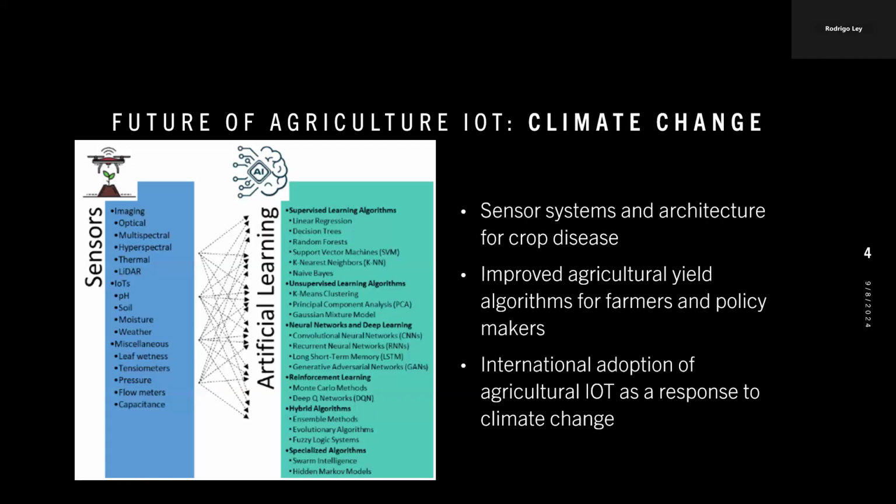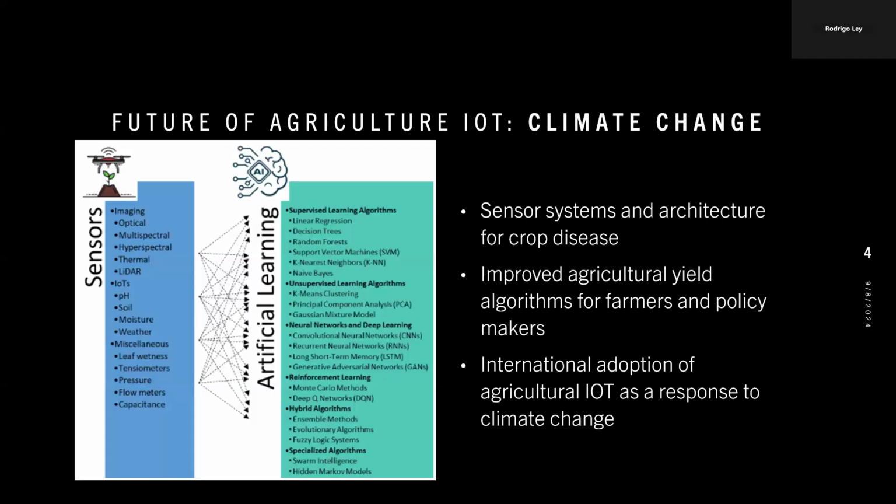But if you aggregate that at a regional and national level, then policymakers can help plan for things that affect a range of issues from agricultural policy to employment to food security. In summary, upgrading these yield algorithms gives both farmers and governments a tool to deal with the threat of climate change.